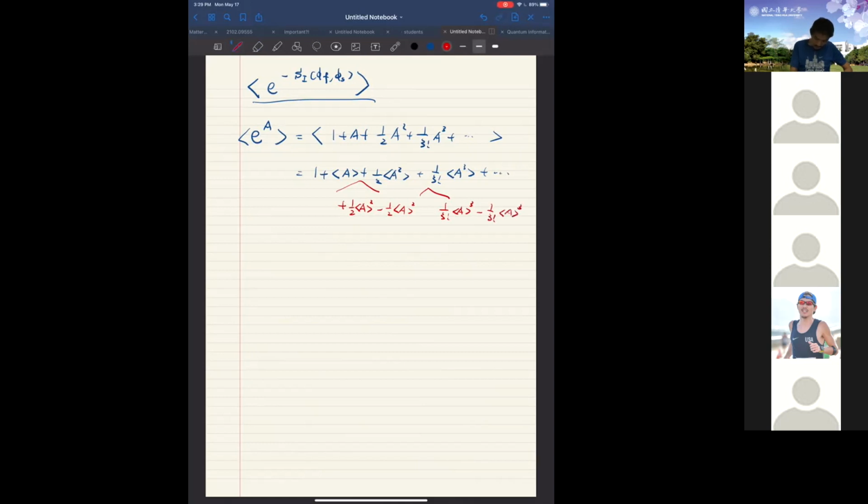So what you get is you can basically reorganize this term, right? This term is nothing but the original. If you put all these terms back, this will be the exponential value of a, and then you exponentiate it, right?